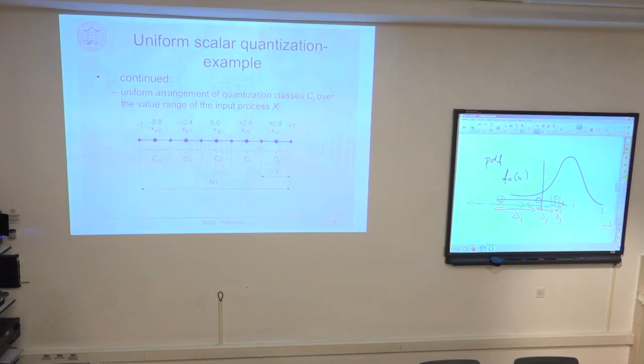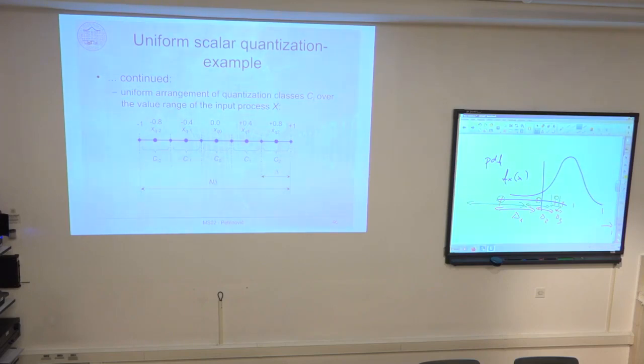But if you have only 3 bits without any entropy coding in the output, then you have to carefully select the values for these 8 levels to have the least distortion for the fixed output bit rate of 3 bits per symbol. So these are the two ways you can design the quantizer.